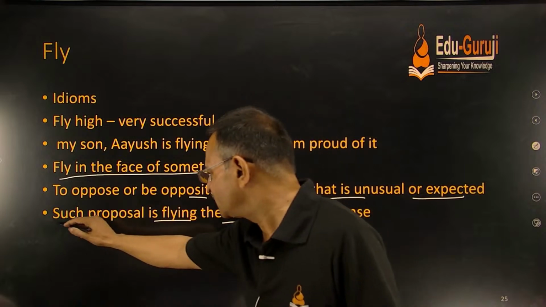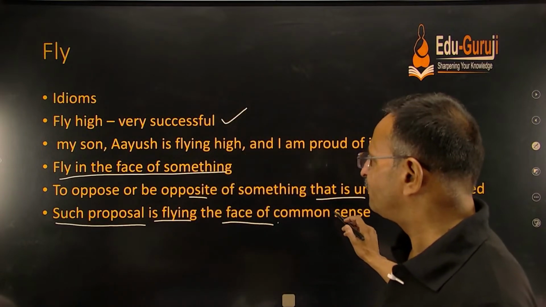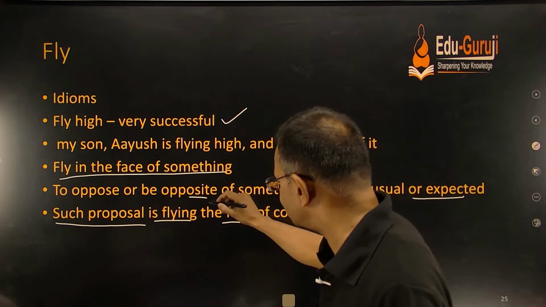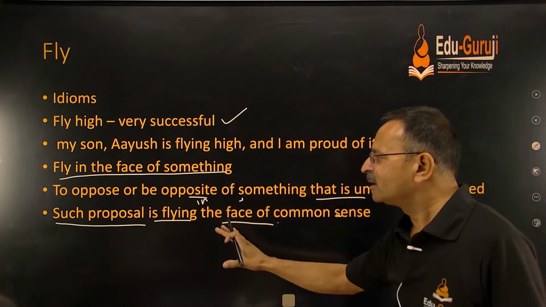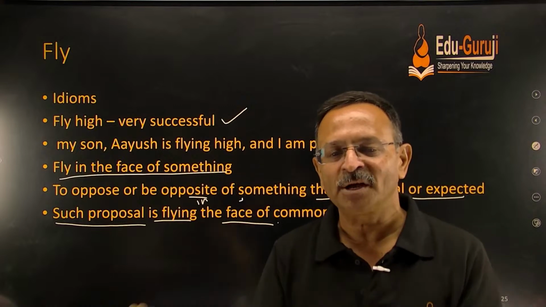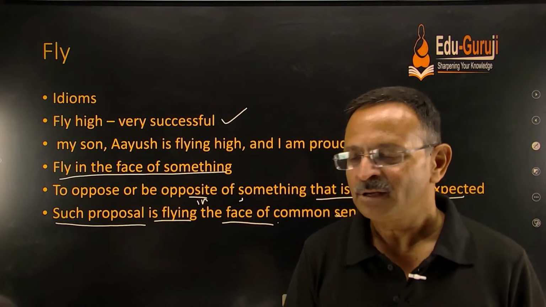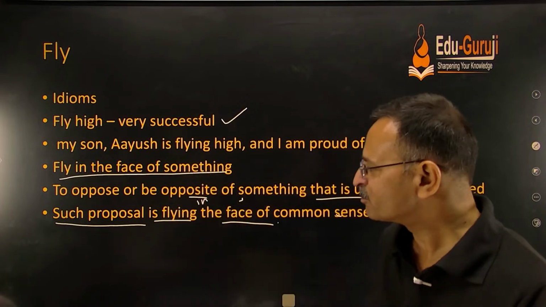The example is, such a proposal is flying in the face of common sense, right? So if something is common sense, and you are saying the opposite of it, that would be called flying in the face of something.